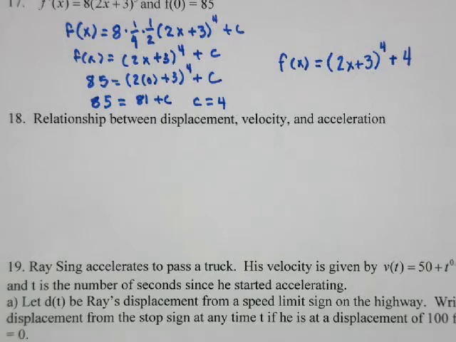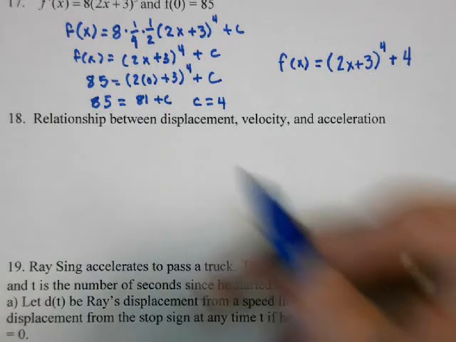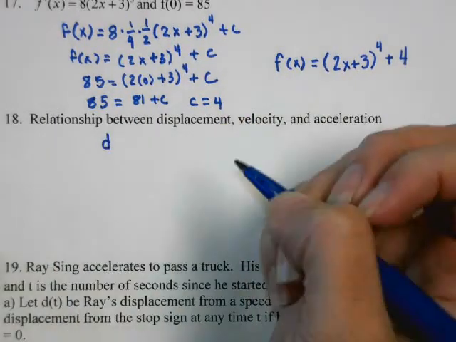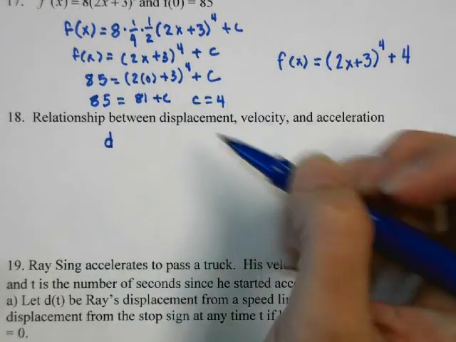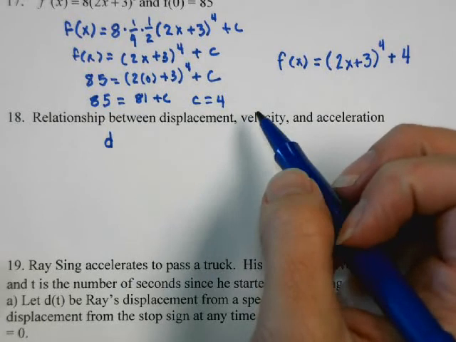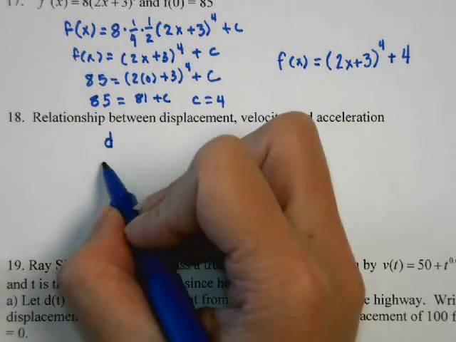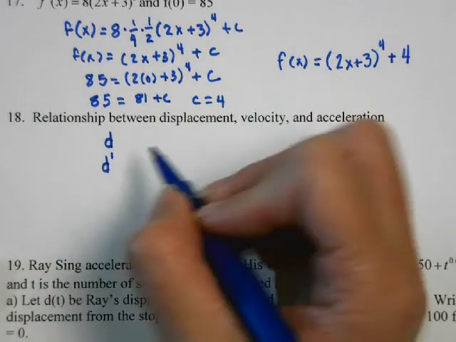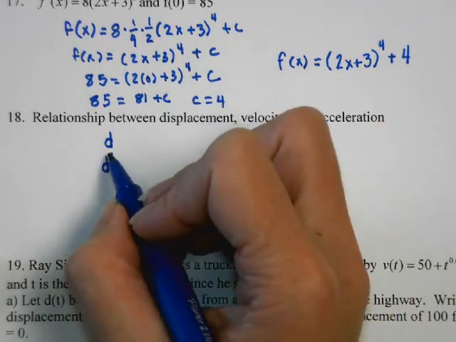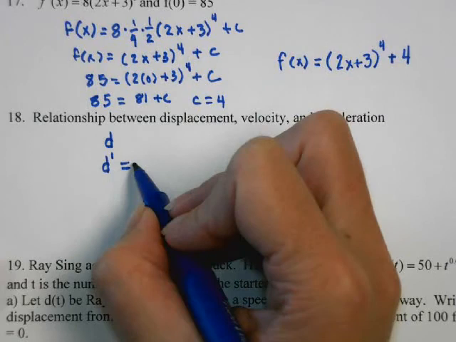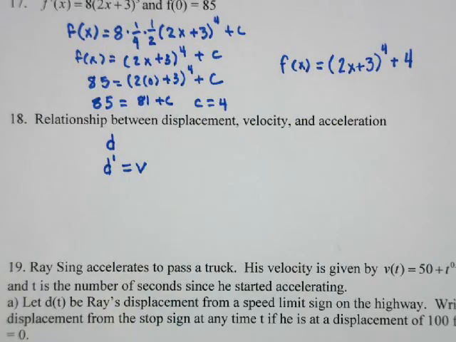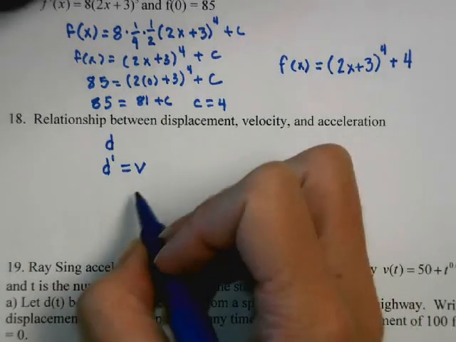So now we're going to talk about the relationship between displacement, velocity, and acceleration. Velocity is the change in position over the change in time. So if I take the derivative of displacement, it is going to be velocity.